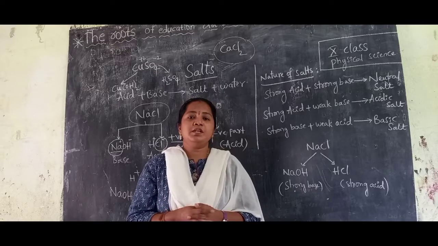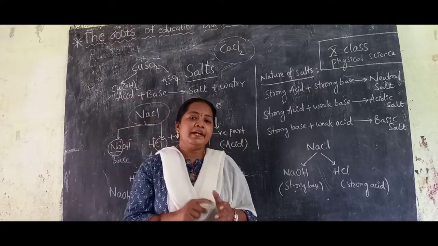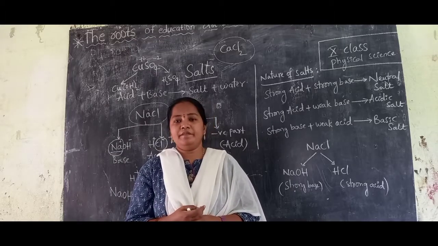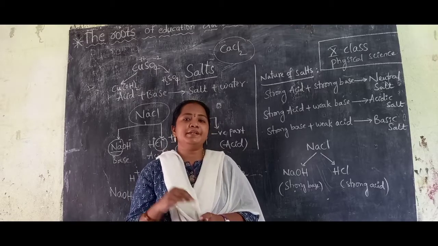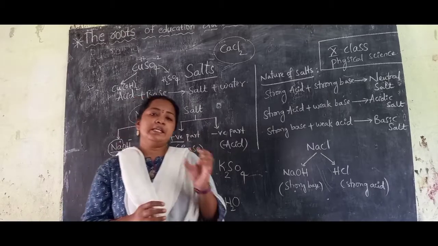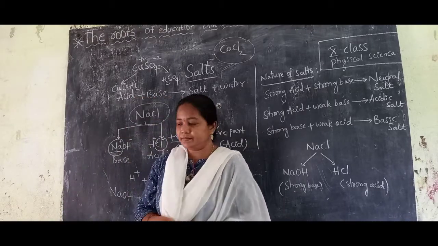The H plus ion concentration indicates whether it is a strong acid or weak acid. More H plus ions indicate a concentrated or strong acid, and fewer H plus ions indicate a weak acid.